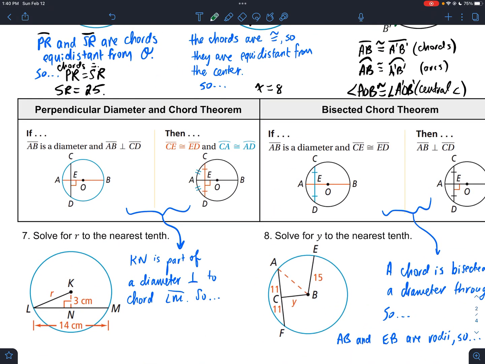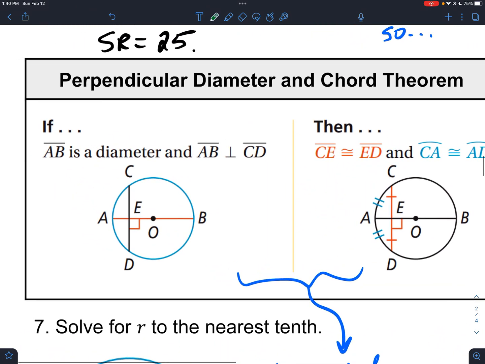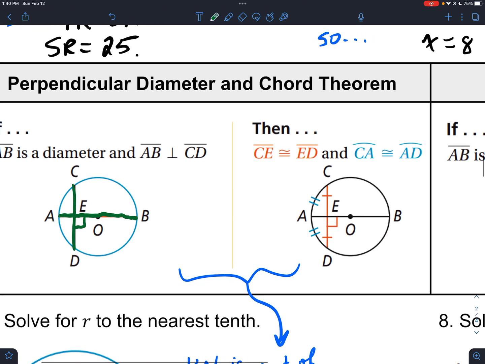Okay, the last thing I want to talk to you about is the perpendicular chord and diameter. So let's just talk briefly about what's going on in this box. If you have a diameter and you have a chord, and if they make a right angle, that means the parts get bisected.